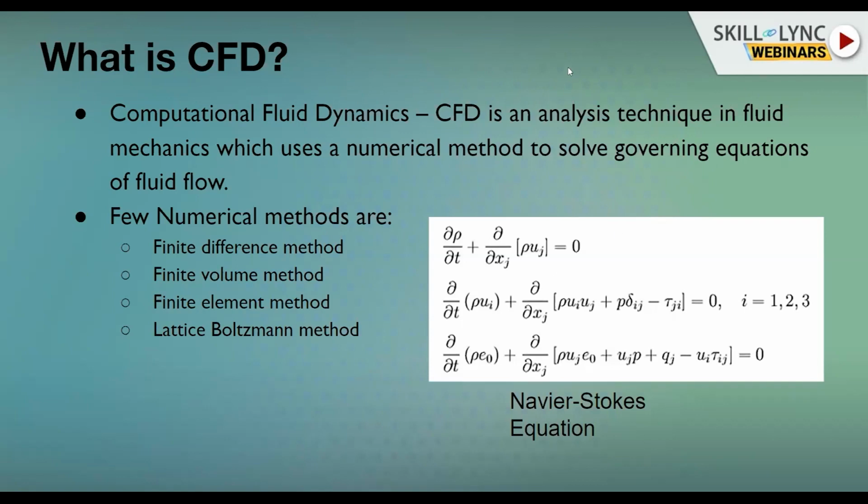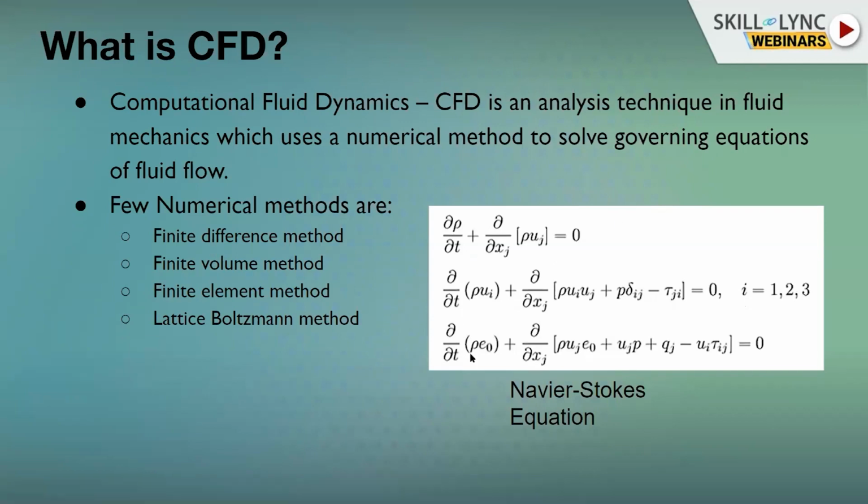The lattice-Boltzmann method uses a particle concept of kinetic theory. You might know the kinetic theory of gases, and they try to solve the collision of the particles and get the solution.